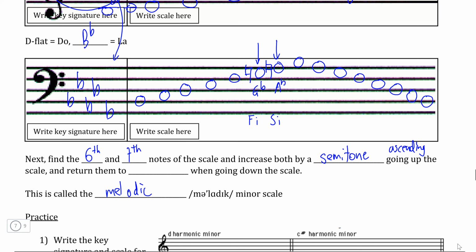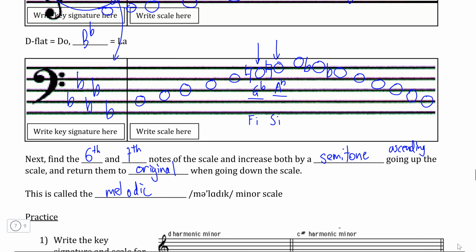La, ti, do, re, mi, fi, si, la. But then, in the descending half of the scale, we return them to their original pitches when coming down. So because the original pitches were G flat and A flat, we would lower them back down to the natural form when we are going down.